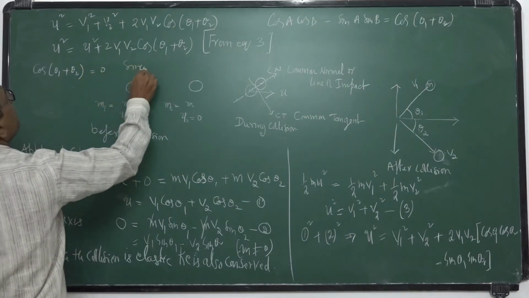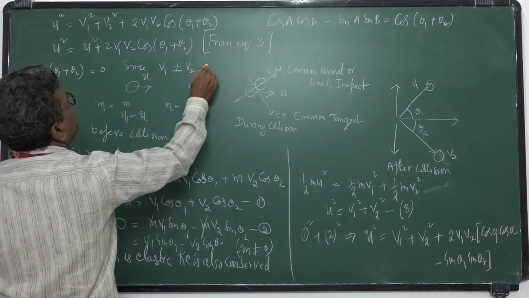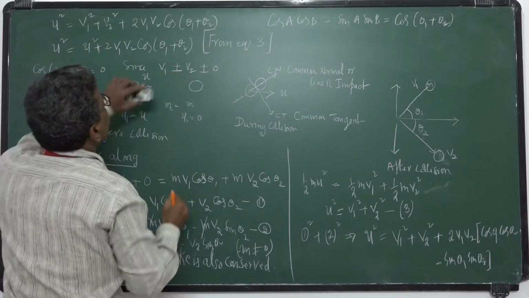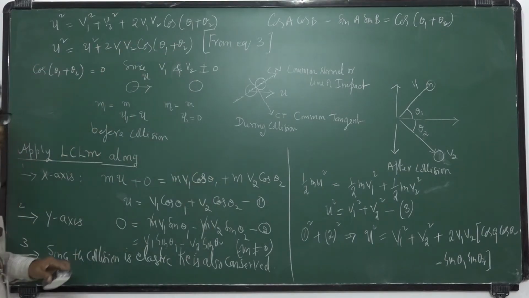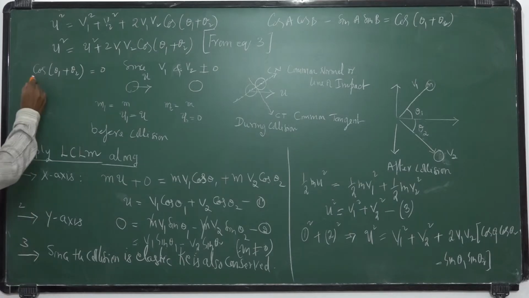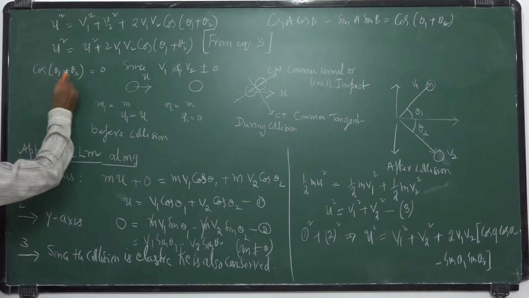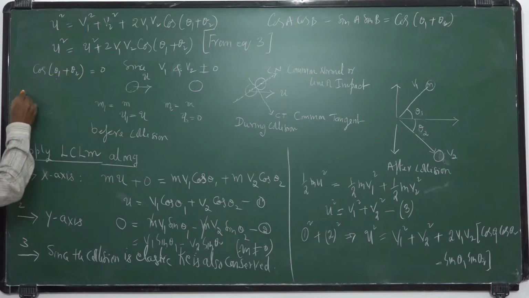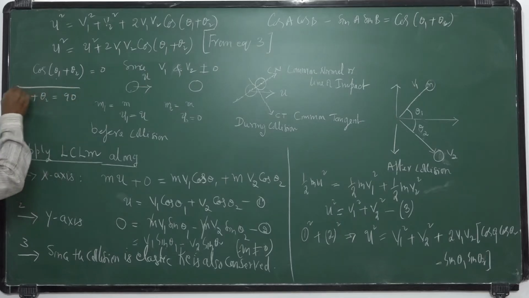Since V1 and V2 are not equal to 0, cos of theta 1 plus theta 2 is equal to 0 when theta 1 plus theta 2 is equal to 90 degrees. Hence proved.